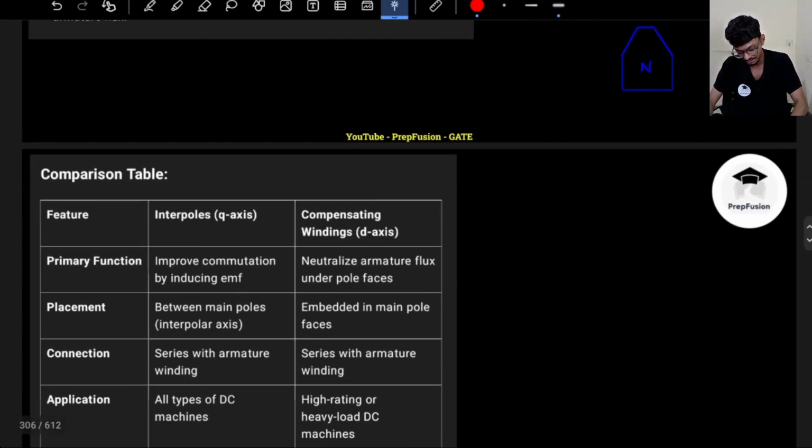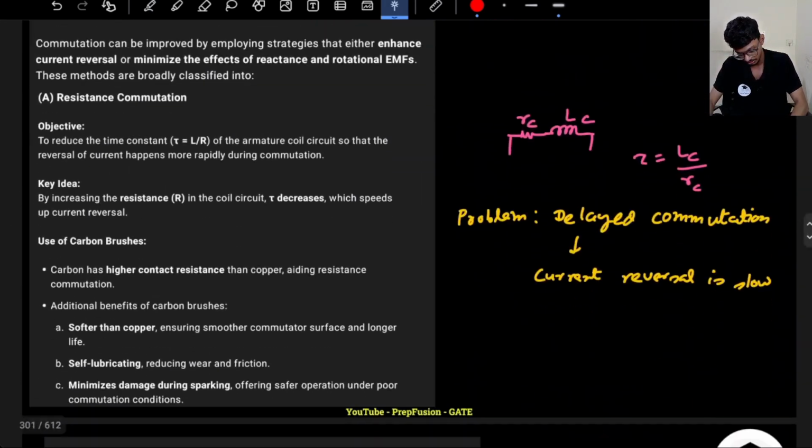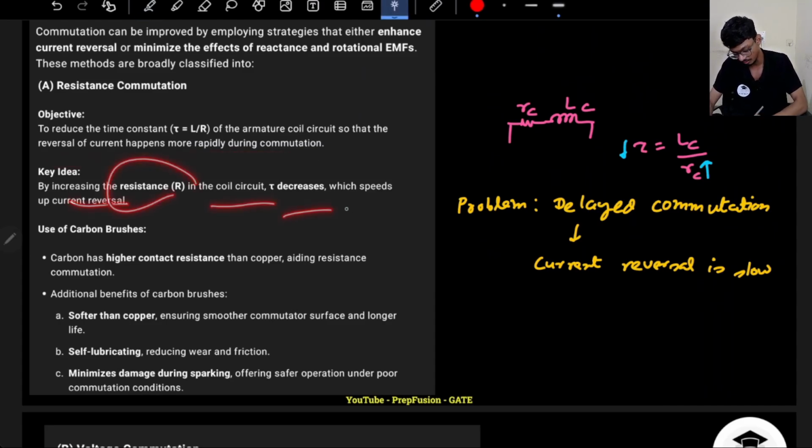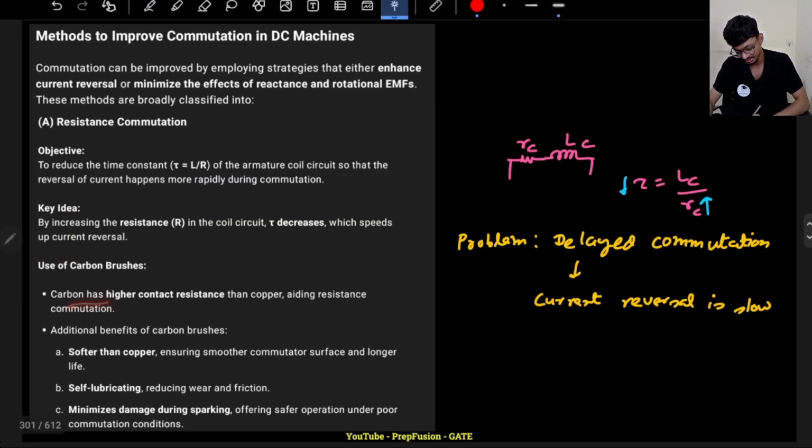The time constant is this, so I want to decrease my tau, so I will increase my RC. That is what we do, we increase the resistance, right? By increasing the resistance in the coil circuit, tau reduces, which speeds up the current reversal. So we use carbon brushes that have higher contact resistance than copper to aid this increase in resistance. That's why carbon brushes are used.